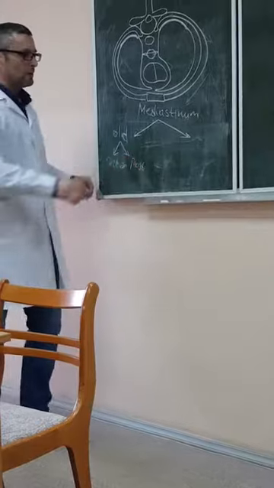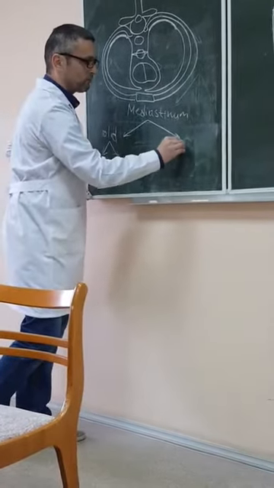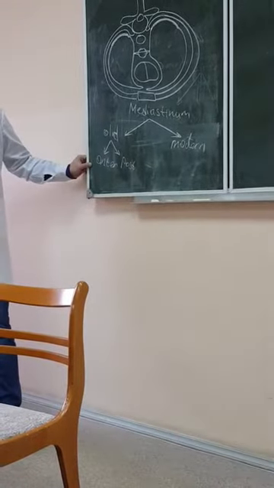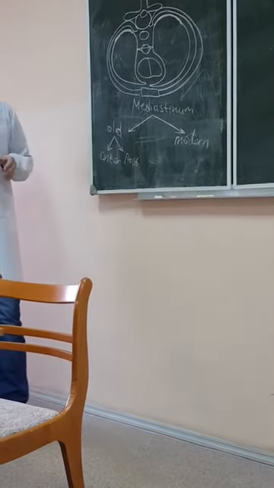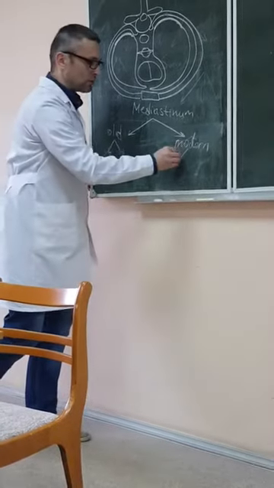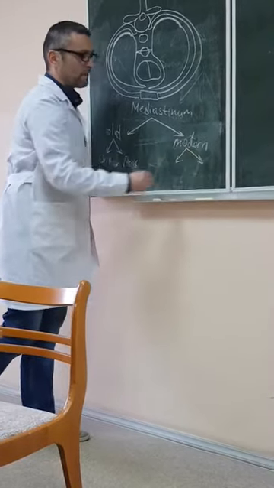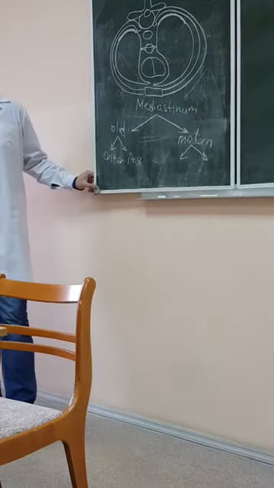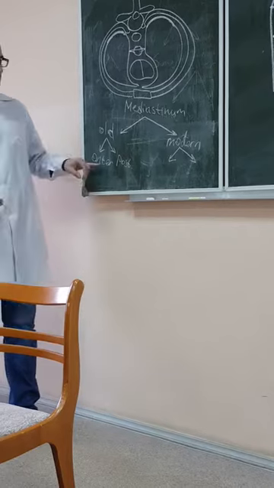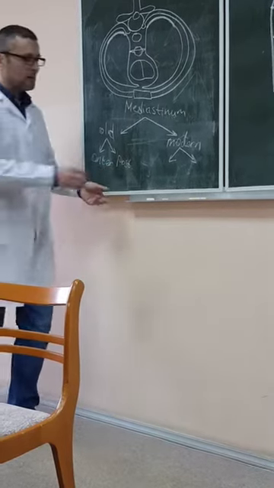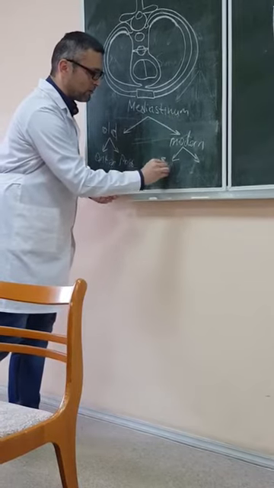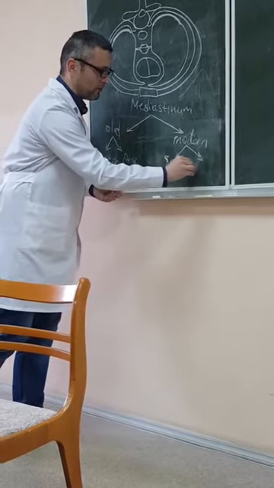And the second one is the modern classification of mediastinum, which is widely used, but sometimes we can use this also. According to the modern classification, our mediastinum is divided into two parts, also two parts, but not anterior and posterior, but superior and inferior.